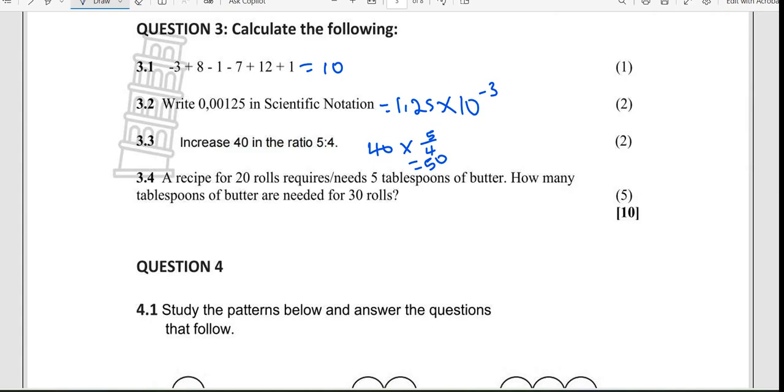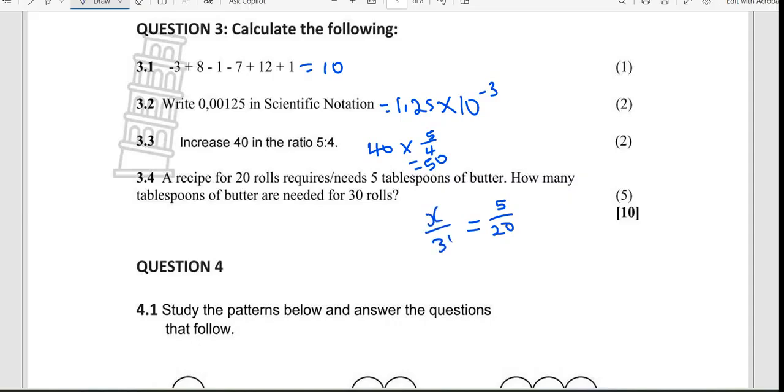And then on the other side, how many tablespoons of butter are needed? I don't know how many. That will be my x.